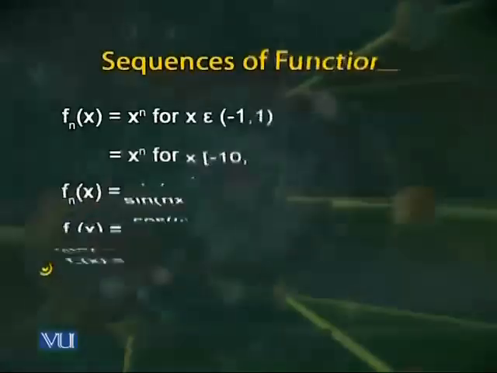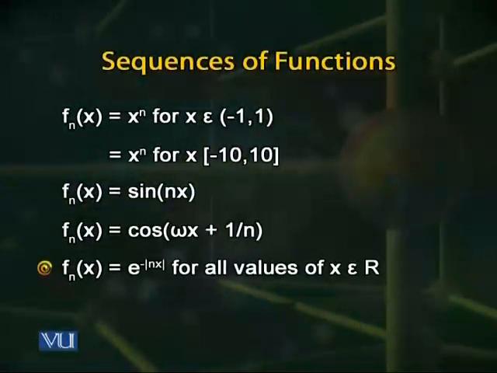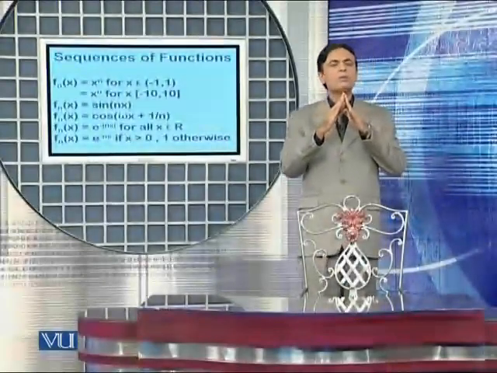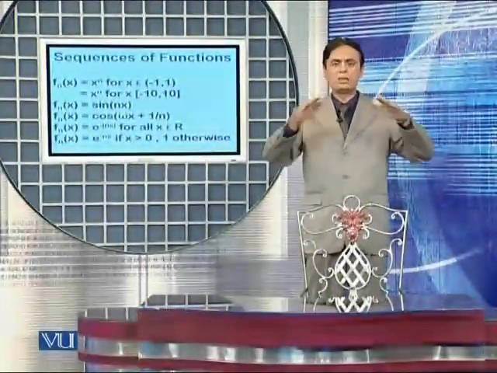The next sequence of functions is e raised to power minus absolute value of n times x, and this is defined for the whole real line. If you think about the shape of this sequence of functions, it is like this.